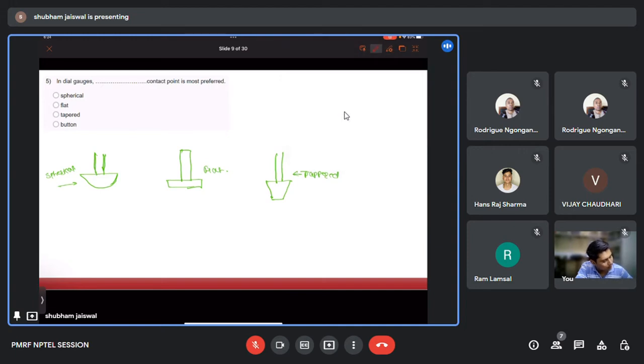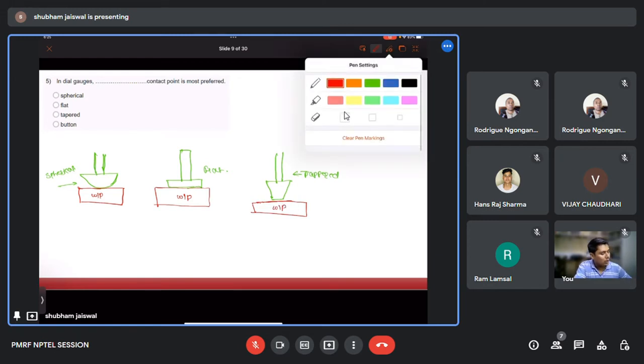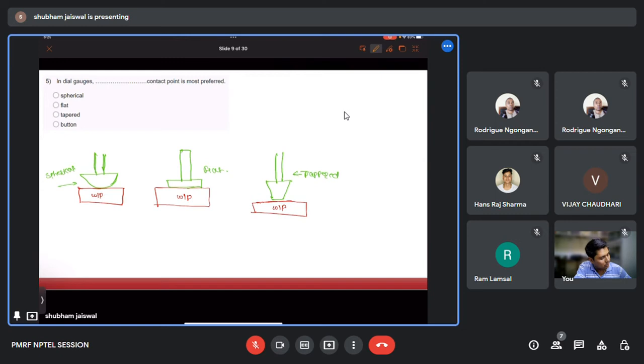So if I keep this on our workpiece, you can see that when we use the spherical contact point, we get only point contact.